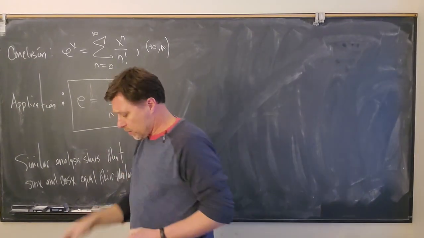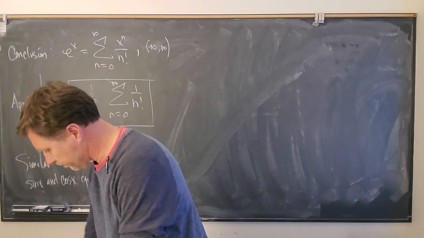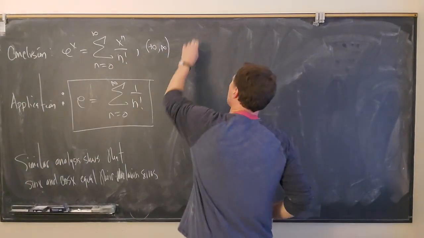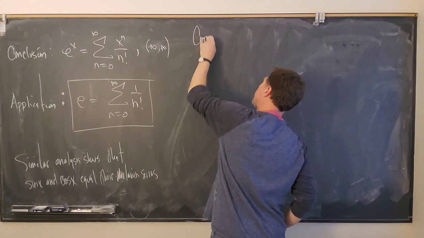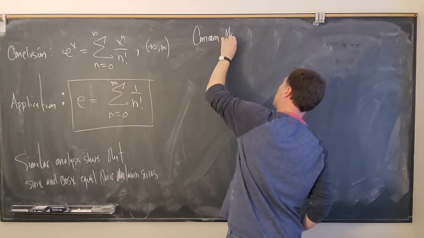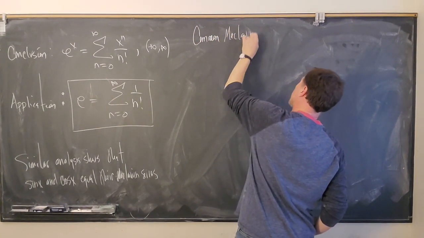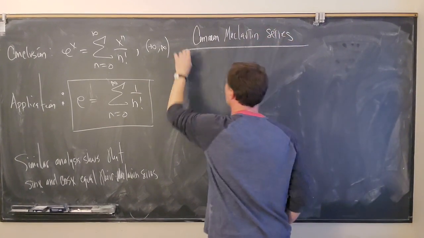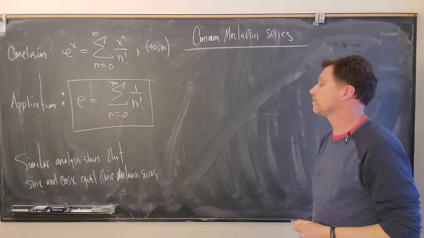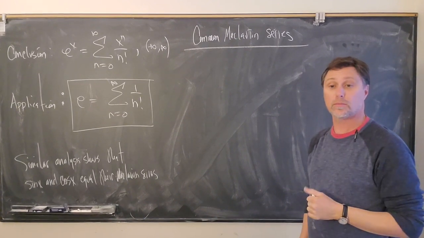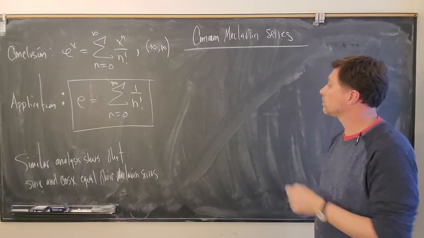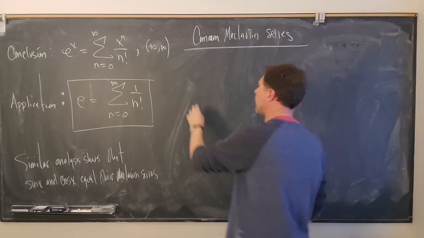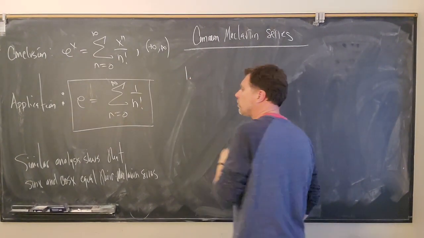And so what I want to do now, I'm going to write a table here, and I'll label this common Maclaurin series. And these are ones that you need to know. These are the kind that you expect that you will have memorized.